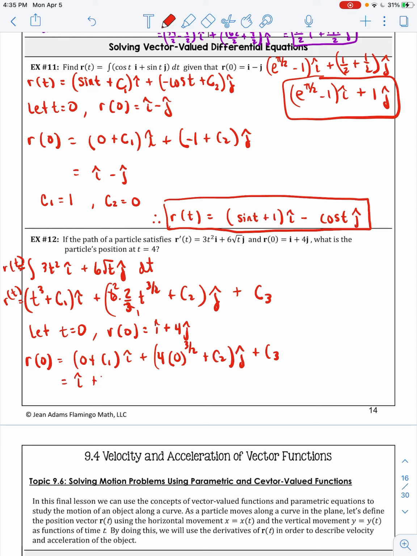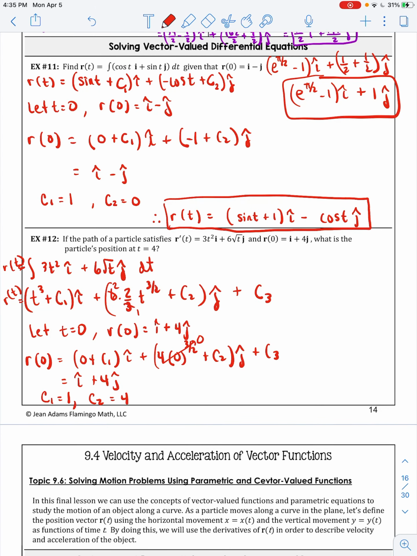But we know this has to equal i plus 4j. So that means c1 has to be 1, and our c2, because this whole thing went to 0, has to be 4, and our c3 had to be 0.